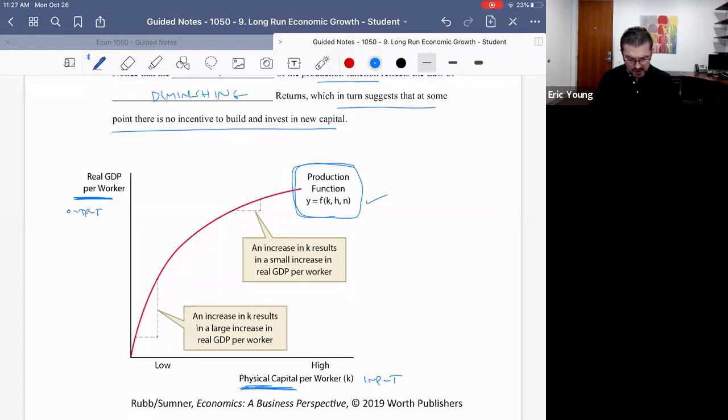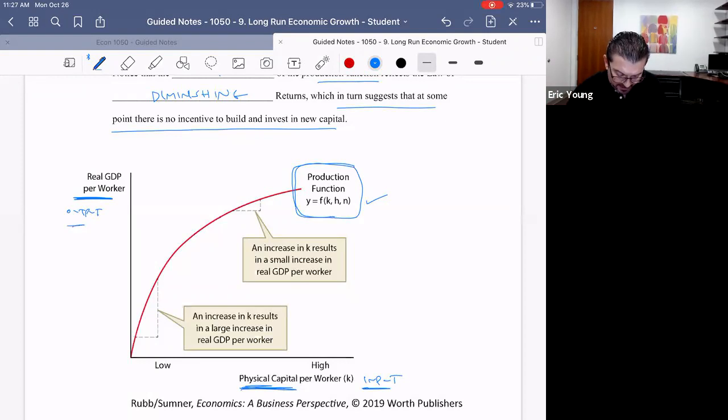The production function that you see here simply shows the relationship between inputs and outputs. Don't overcomplicate it. It shows a relationship. It's a graph, a picture that visually represents the relationship between inputs and outputs.